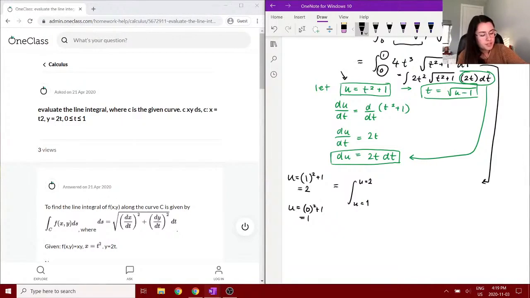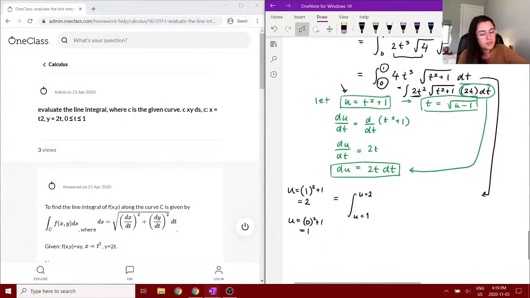But first, I'm going to tackle this 2t squared term. So 2, and then if we're subbing in t squared for this t that we found here, we have the square root of u minus 1, and square that.